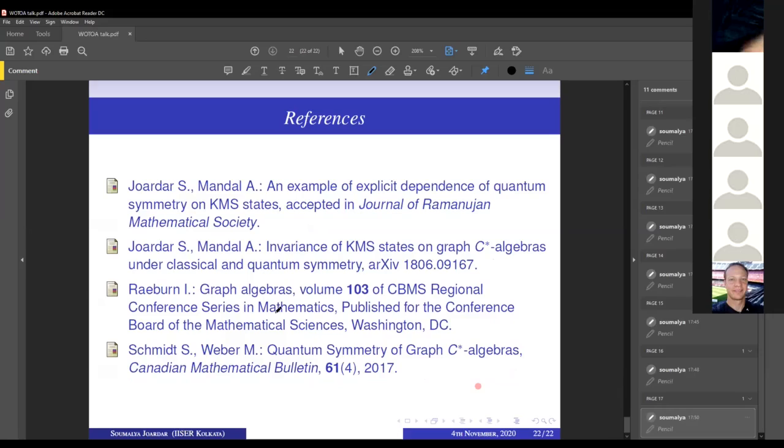For graph C*-algebras, this is a good reference. The quantum symmetry of graph C*-algebras was previously studied, but in a slightly algebraic way, by these two people, Mead and Weber. You can look at this paper also to get a little more algebraic flavor. Okay, thank you.